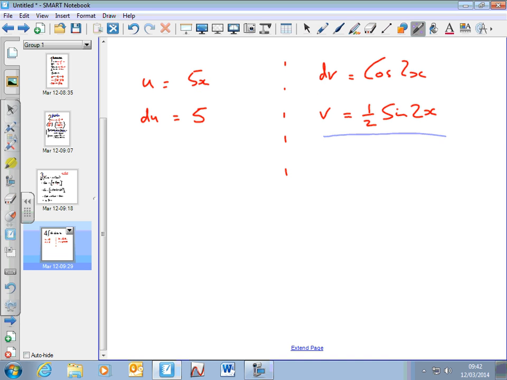Okay. Now we just have to plug it back into the formula. So the integral of u dv equals uv minus the integral of v du. That's the formula for integration by parts.